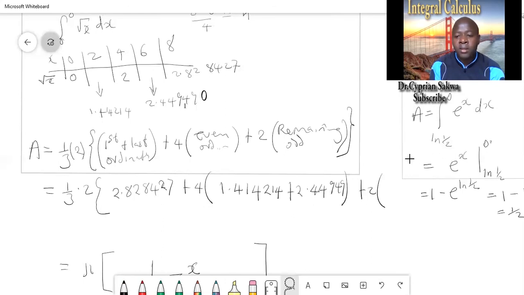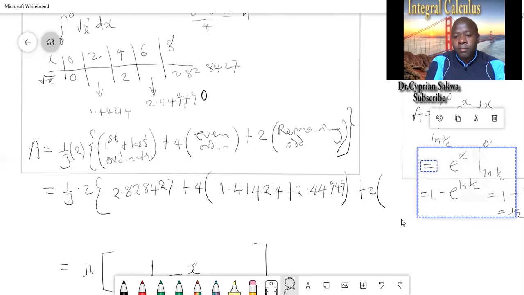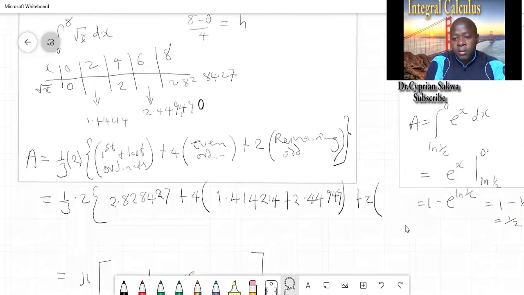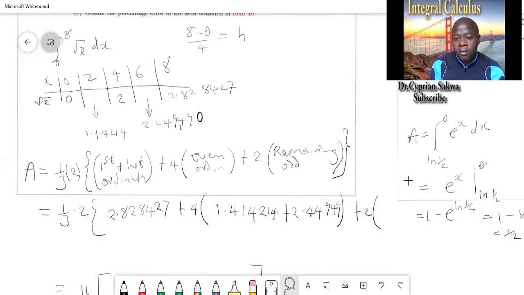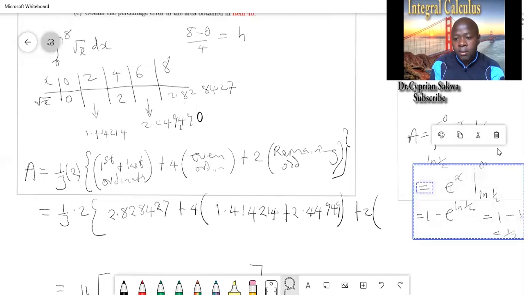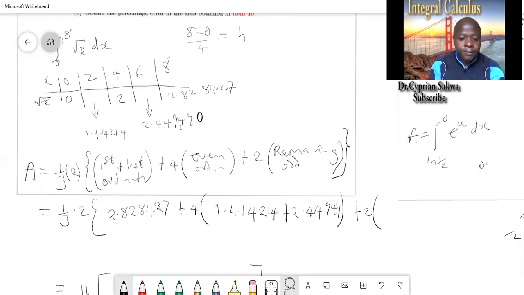Just clear this so that we don't mix them. Okay. The odd one that is left, this was odd, even, odd.